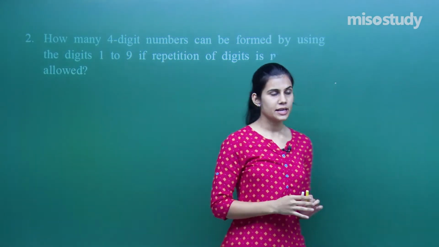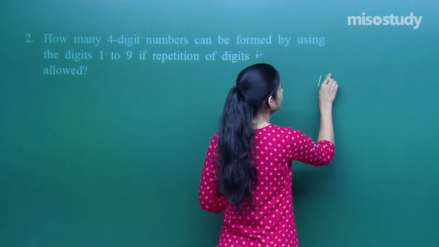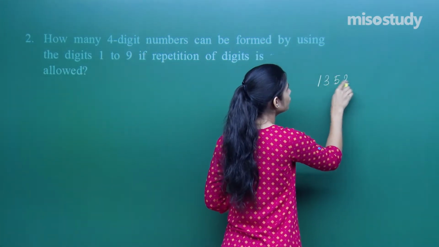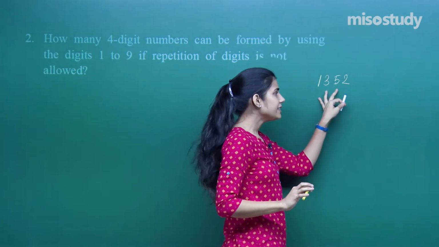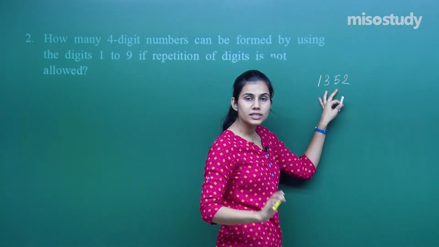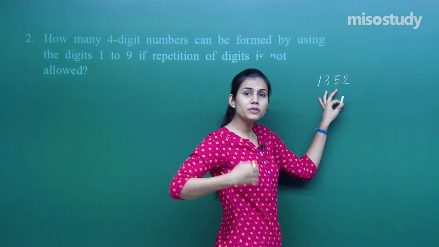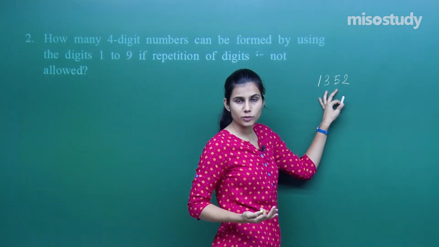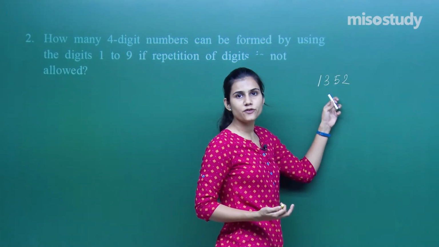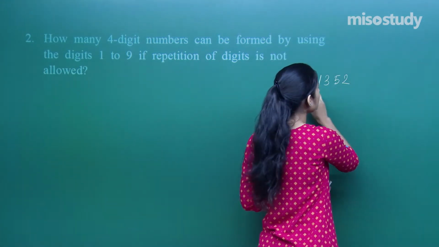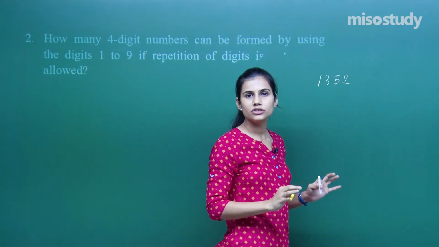One of the cases can be that I select 1, 3, 5 and 2, these 4 digits from 1 to 9. With these 4 digits that I have chosen as one of the possibilities of choosing 4 digits from 1 to 9, how many 4-digit numbers can you form from these 4 digits? Obviously, you can form so many 4-digit numbers.